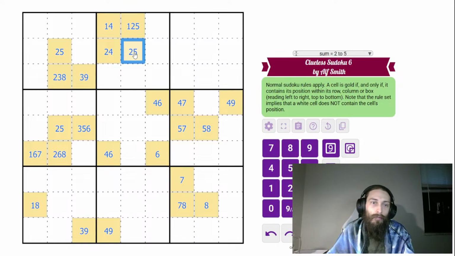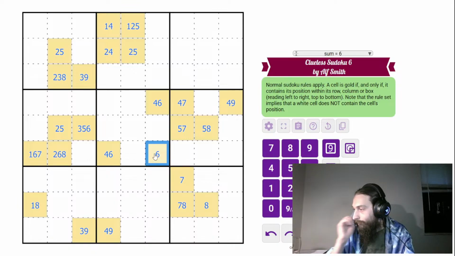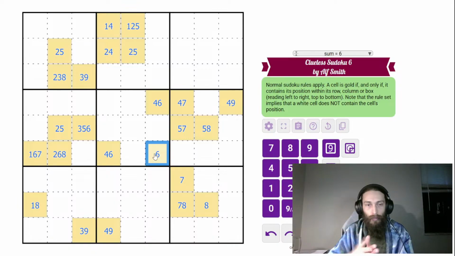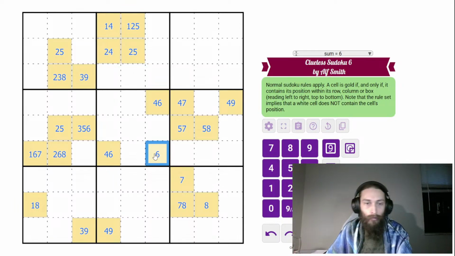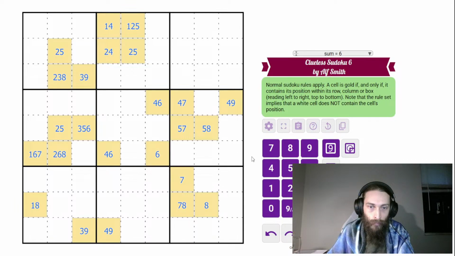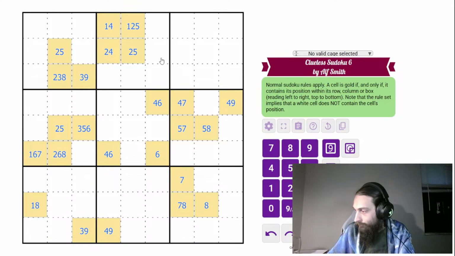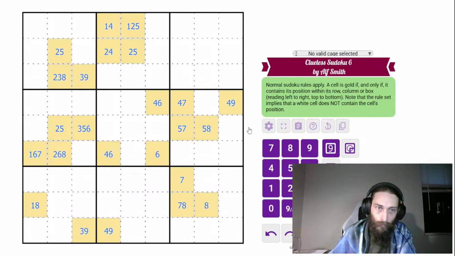Well, if I look at this one that just has a 6 in it, it is the 6th position in row 6, and it's the 6th position in column 6. Okay, so you were just reiterating what I was saying. Okay, cool. So then, you're in box 5 with positions in the box.